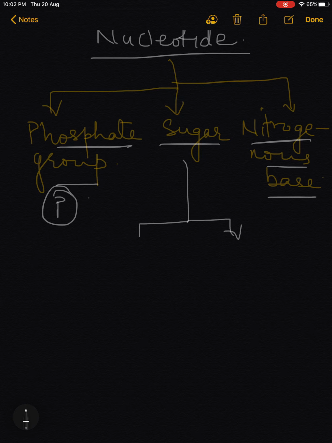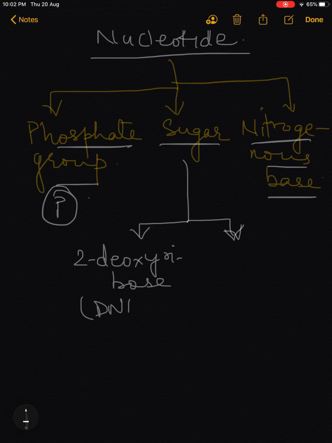In case of DNA, the sugar is 2-deoxyribose, and in case of RNA, it is ribose.